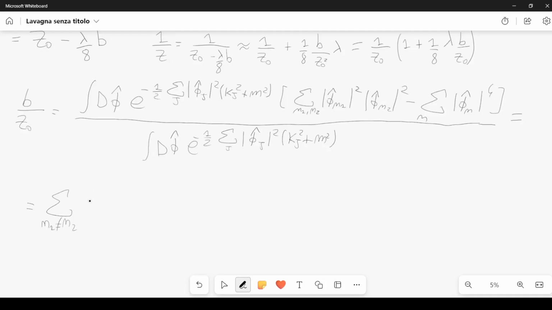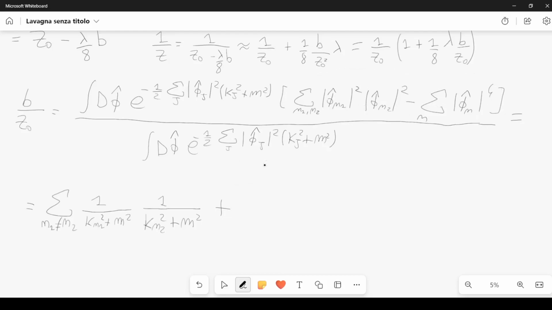And here, what we get is basically the variance of the first calculation, which is 1 over k_n1 squared plus m squared. And then you get the variance from the second integral, k_n2 squared plus m squared, like this, right? And then, in principle, you have to calculate the same thing assuming that n1 is equal to n2, and of course, you also get a similar contribution here.